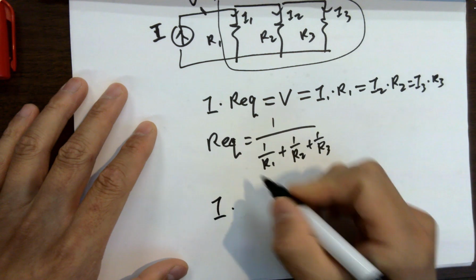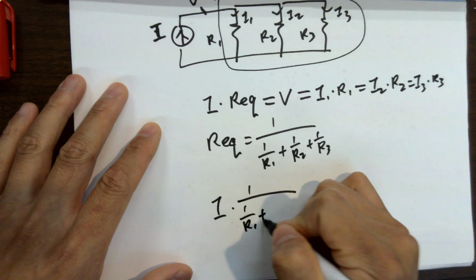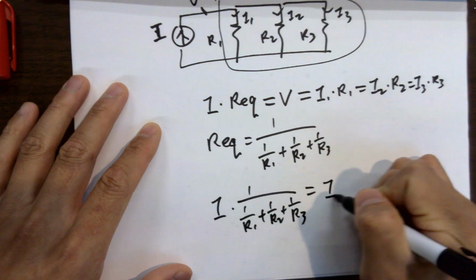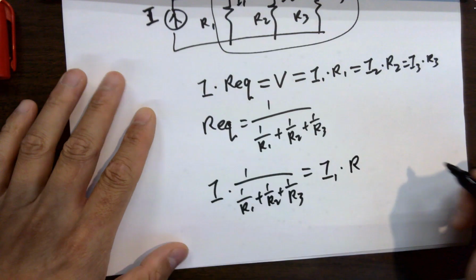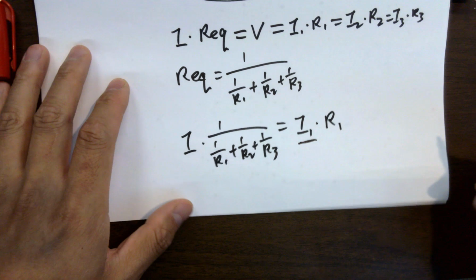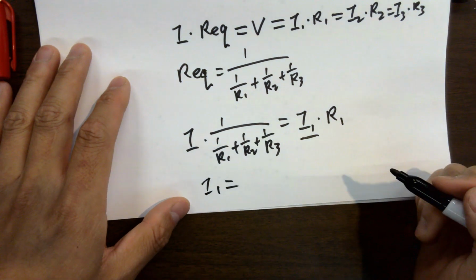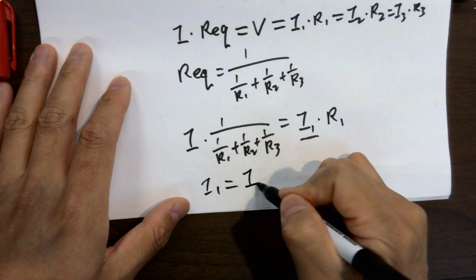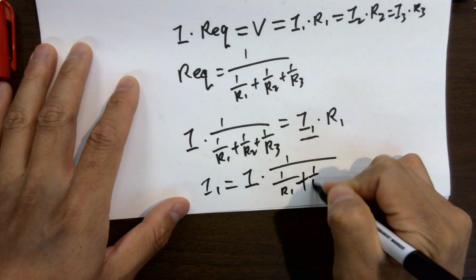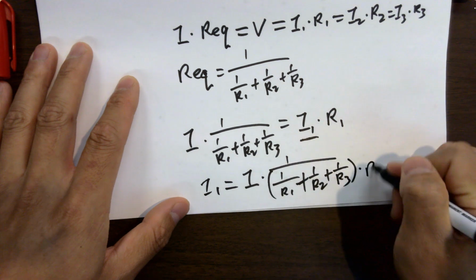So I times R equivalent equals I1 times R1. For example, we are calculating I1. In that case, I1 equals what? Just I times 1 over R1 plus R2 plus R3 times R1.